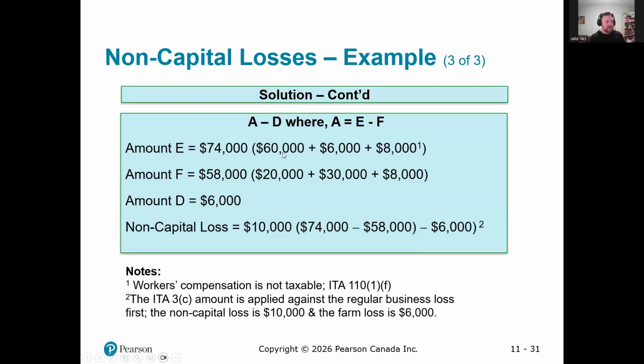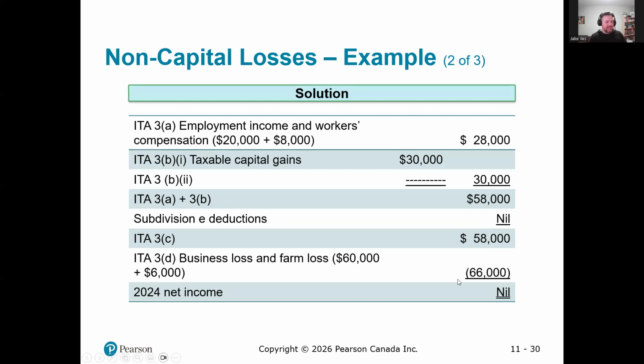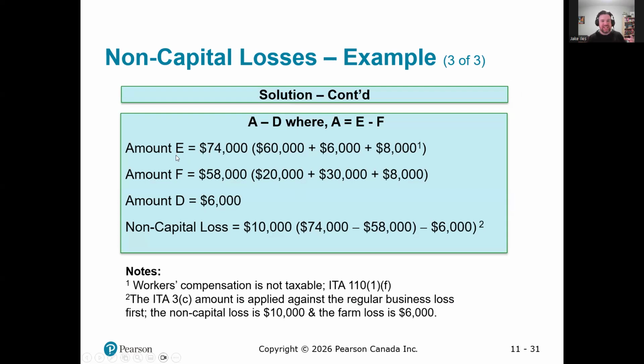So amount E is 74,000. That is $60,000 plus $6,000 plus $8,000. Now notice that the $8,000 doesn't show up here, because the workers' compensation gets added to income for reporting purposes, but it'll be subtracted again for taxable income. There's no taxes on workers' compensation. So even though it's not a loss, we'll still include it with our business losses when calculating E. So E is 74,000.